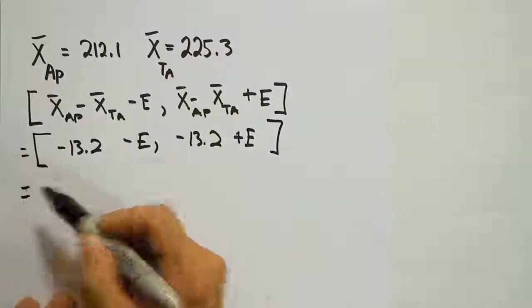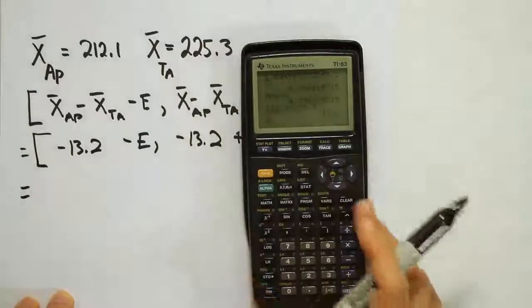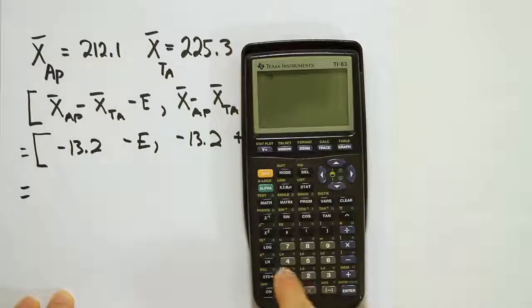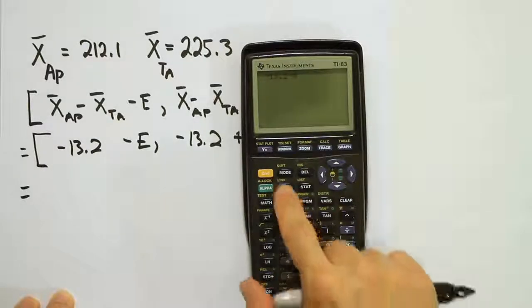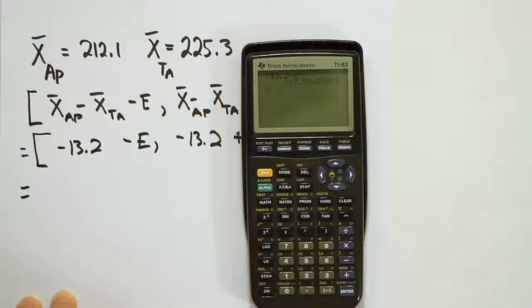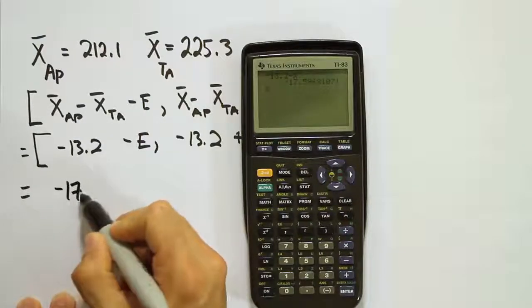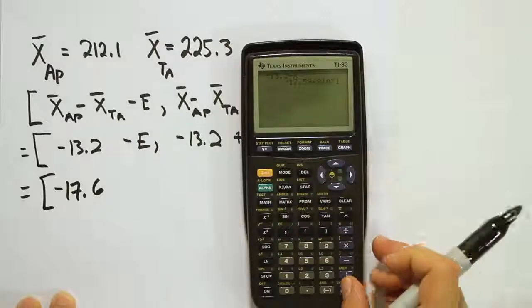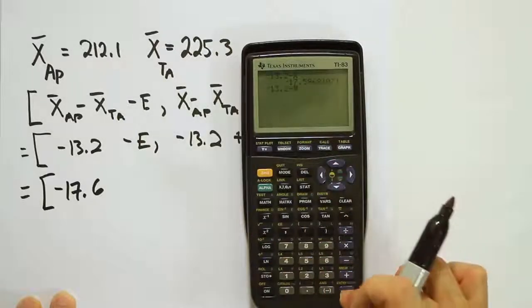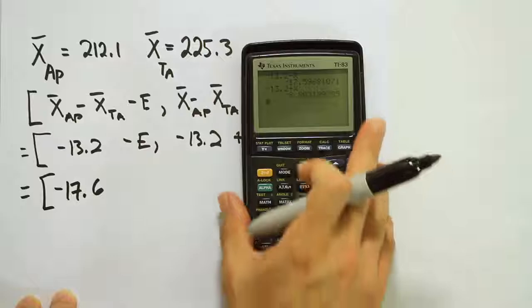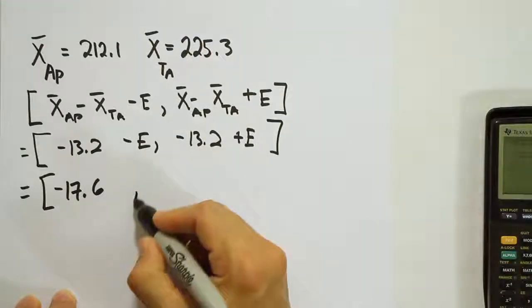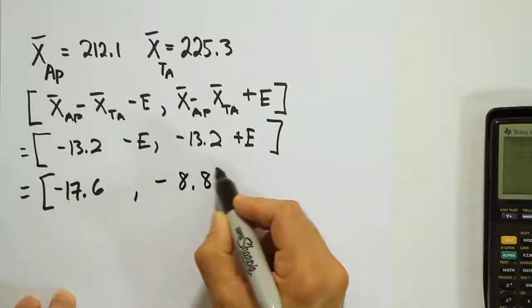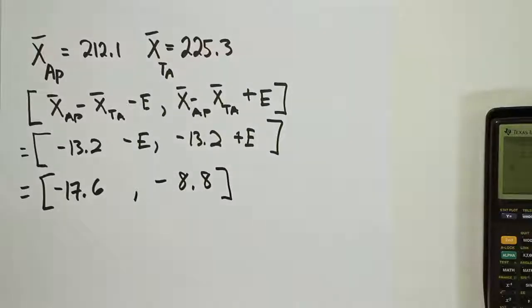All right, and then if we actually plug in what the error is, which I already have stored in my calculator as x, negative 13.2 minus the error, I get the answer negative 17.6, let's say. And if I do that again, this time putting a plus sign, I get the answer minus 8.8.